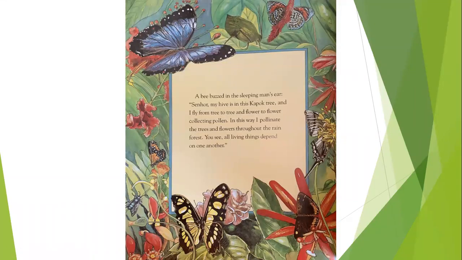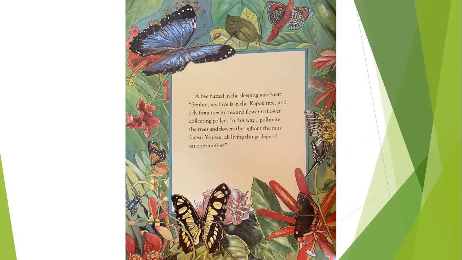A bee buzzed in the sleeping man's ear. "Senor, my hive is in the kapok tree, and I fly from tree to tree and flower to flower collecting pollen. In this way, I pollinate the trees and flowers throughout the rainforest. You see, all living things depend on one another."